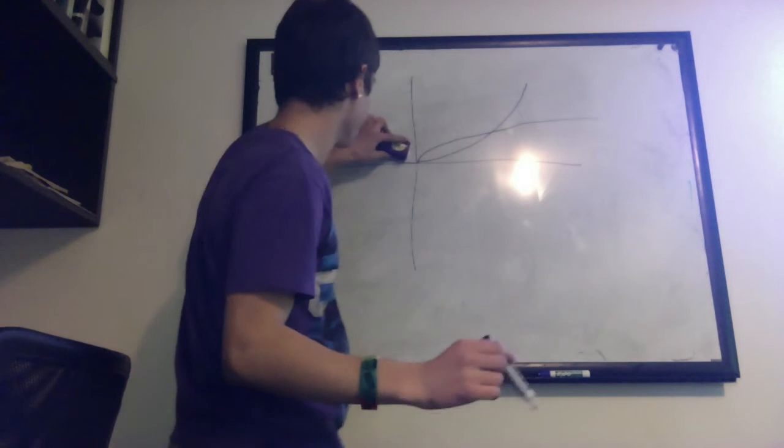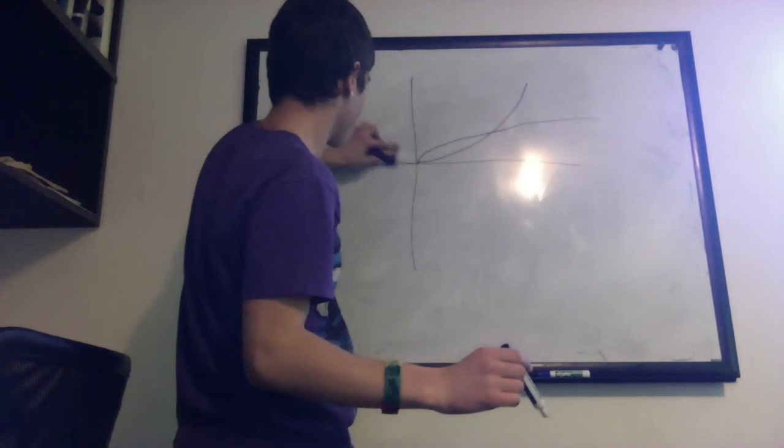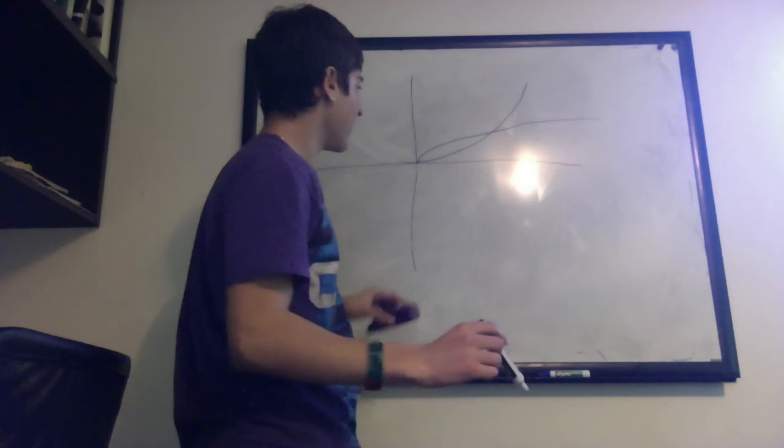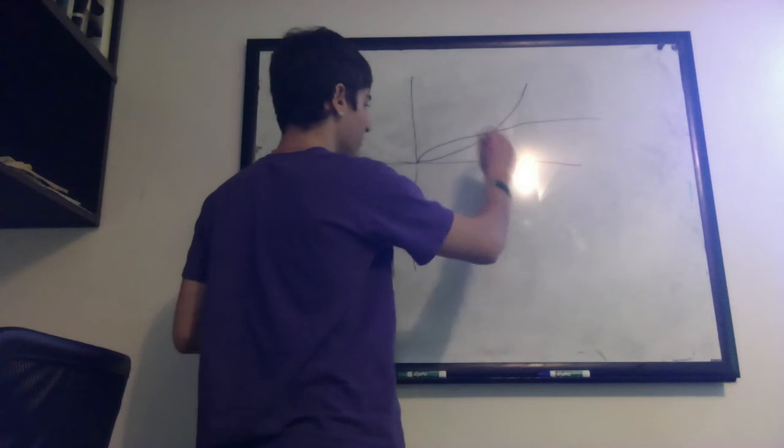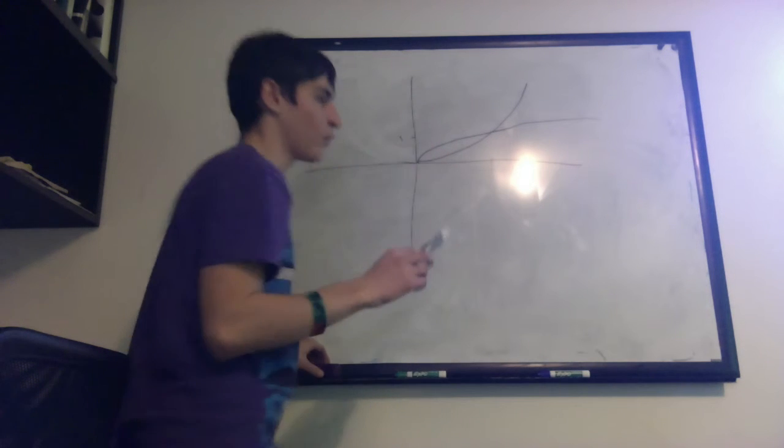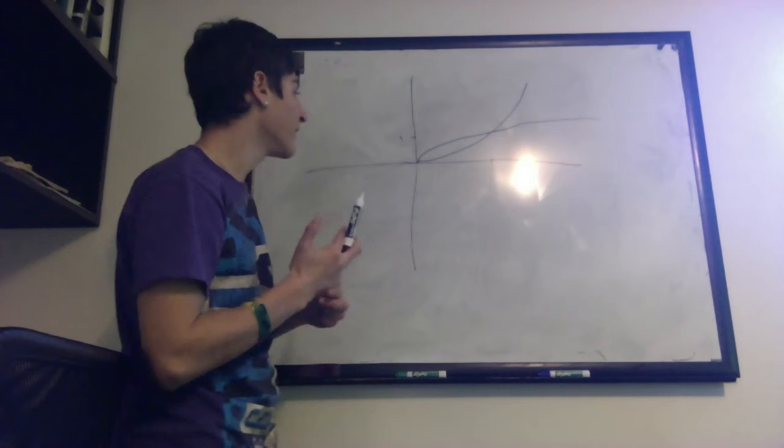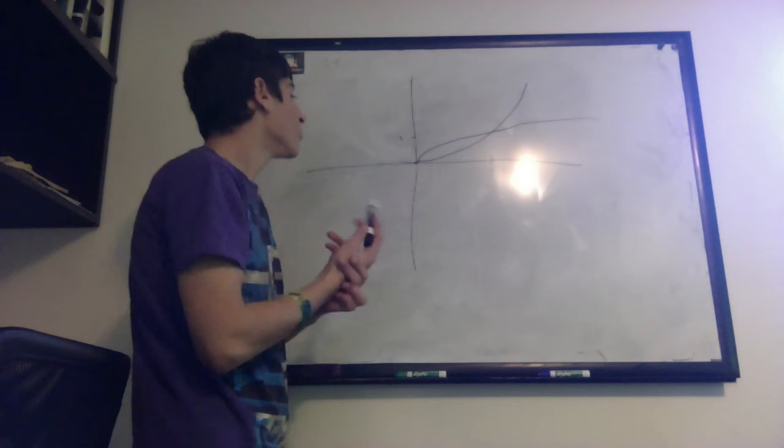So we have x squared and the square root of x. And this is 1, and that is 1, because 1 squared and the square root of 1 are both 1. And that's 0.